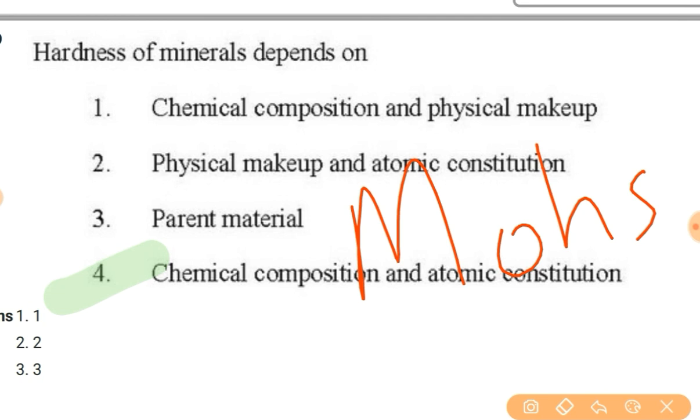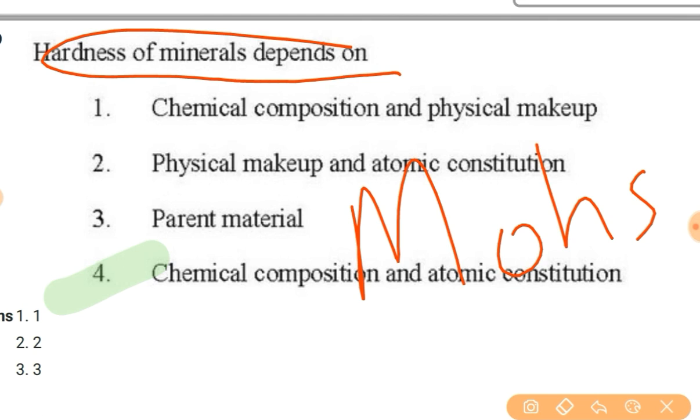It is a qualitative ordinal scale. It is used to characterize the hardness of minerals by developing a scratch on the mineral. By that we can check whether it is hard or soft.